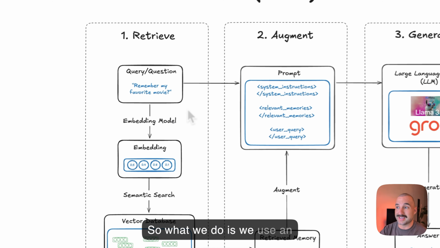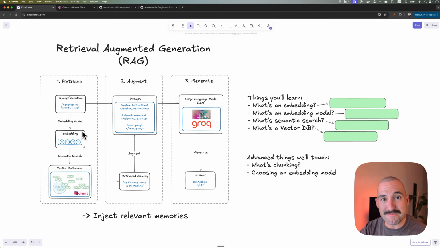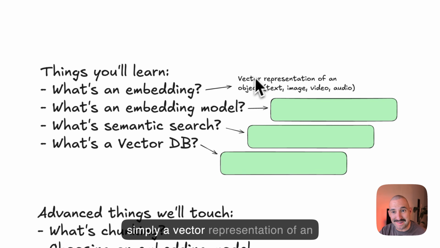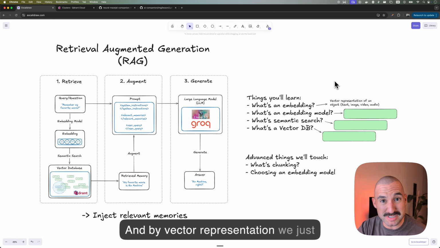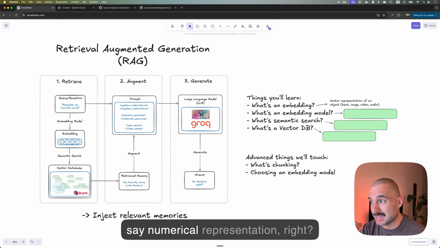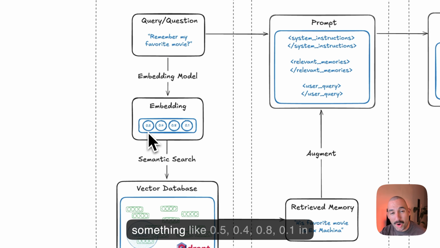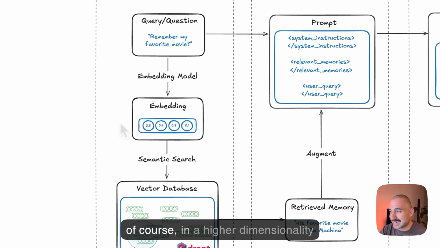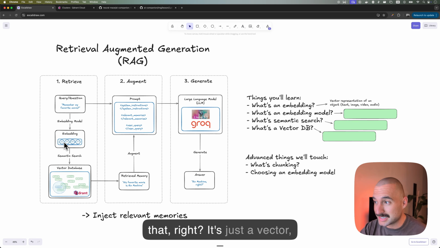So we use an embedding model to generate an embedding, or embedding vector, which is simply a vector representation of an object: text, image, video, or audio. By vector representation, we just mean numerical representation, right? As we have it here, it could be something like 0.5, 0.4, 0.8, 0.1. Usually, of course, in a higher dimensionality than just 4, but essentially it's just a numerical vector.